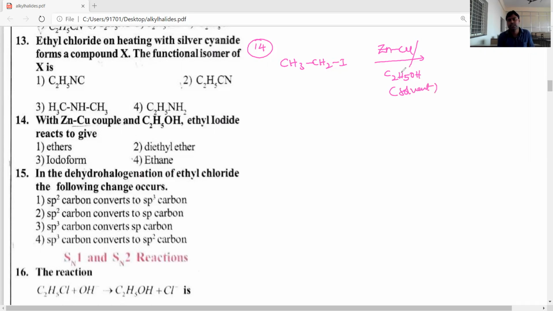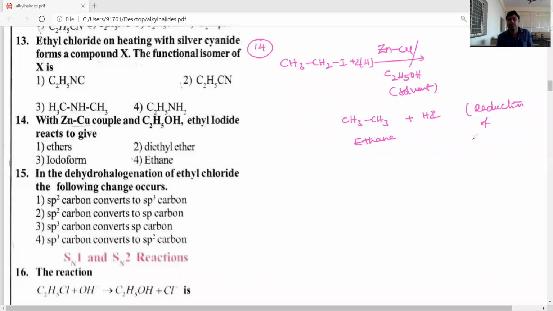It is a reduction reaction. It produces nascent hydrogen. The product is CH3-CH3, ethane, plus HI. Okay, it is a reduction reaction.